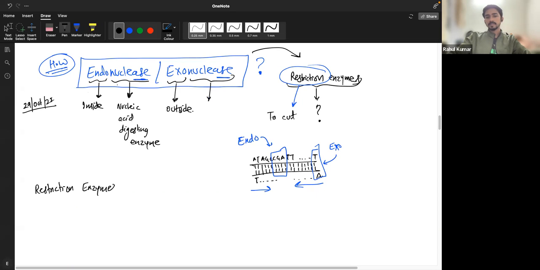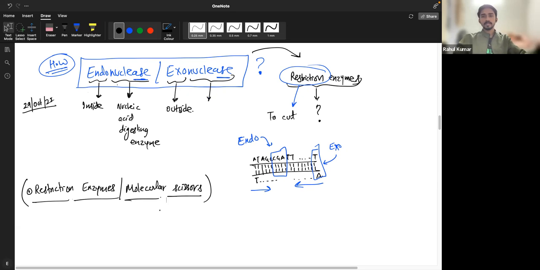So you call them restriction enzymes or molecular scissors due to their function. Their function is to go and cut DNA at particular places. By cutting, I simply mean breaking the bond between nucleotides, and because of that bond breaking, the DNA separates.